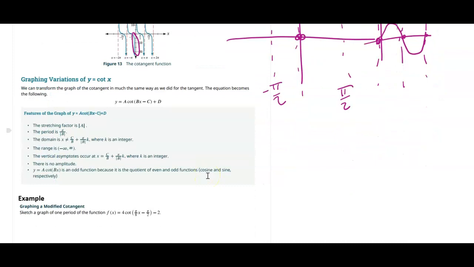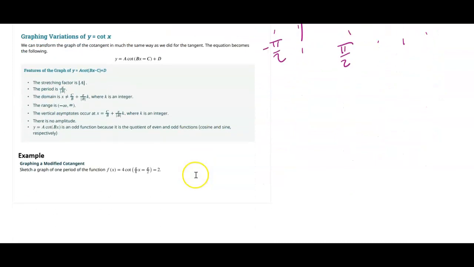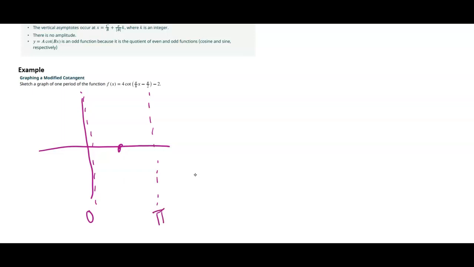All right, so let's go ahead and graph one of these transformation pieces. So cotangent normally, the parent function always has a period of pi with vertical asymptotes at 0 and pi, and then a 0 at pi over 2, and then it kind of looks like a flip of tangent, okay?